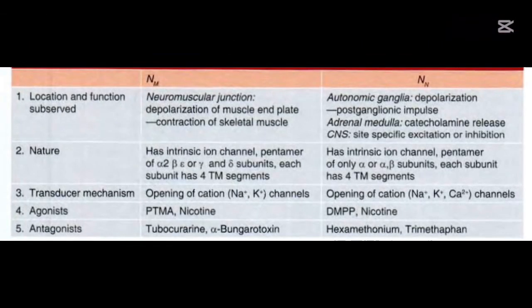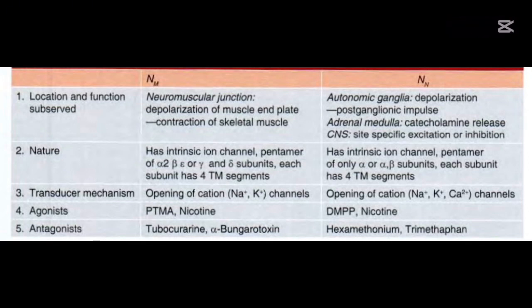Now, what are the divisions of the nicotinic receptor? The nicotinic receptor has two types. You have the NM receptor and you have the NN receptor. Don't forget. The NM receptor is present in the neuromuscular junction, while the NN receptor is present in the autonomic ganglia. I told you that there's an autonomic ganglia here, but in the autonomic ganglia the muscarinic receptor present is the M1 receptor.